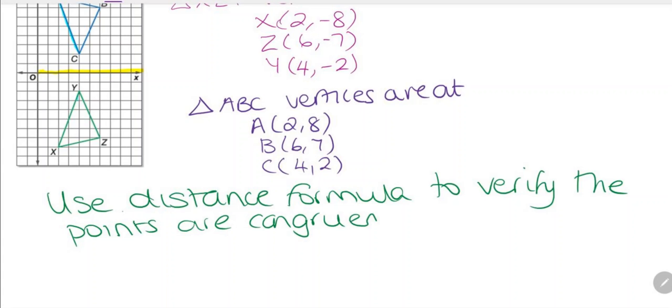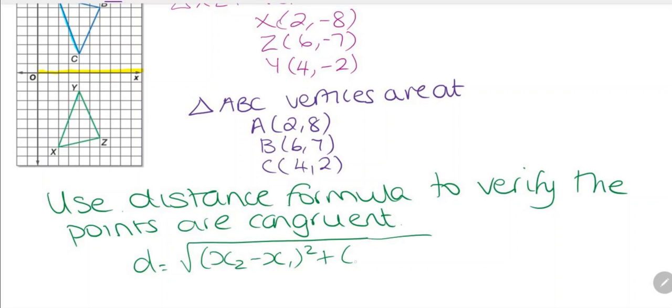So we're looking for the same distance. The distance formula is the square root of the difference between the x values squared and the difference between the y values squared.